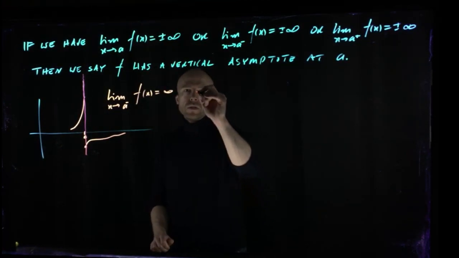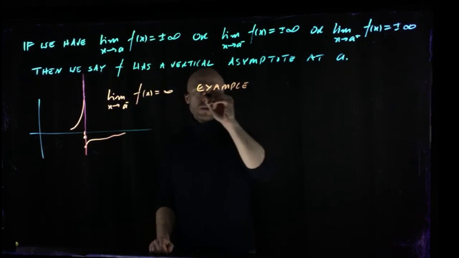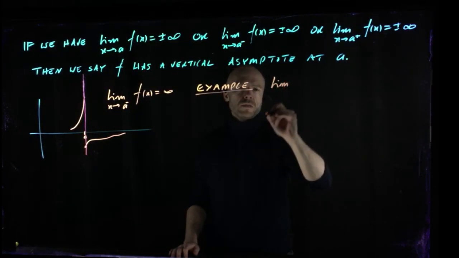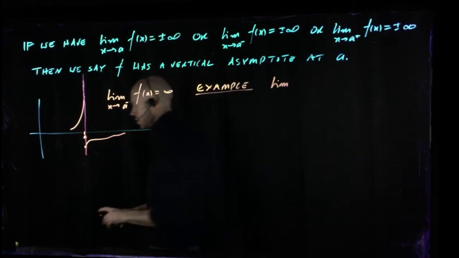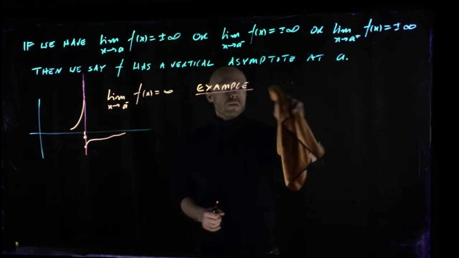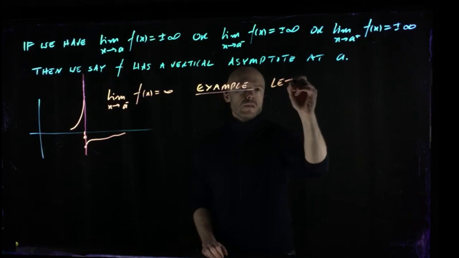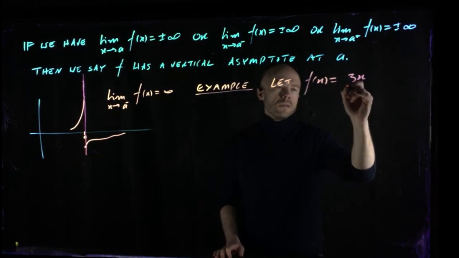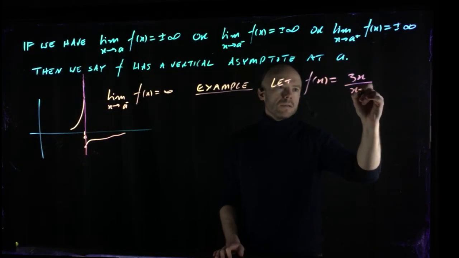So, example. What about the limit? Let me write it in words. So let f of x be 3x over x minus 3.